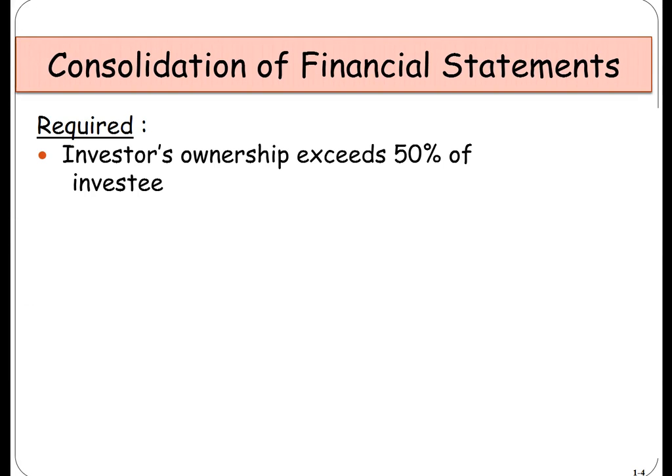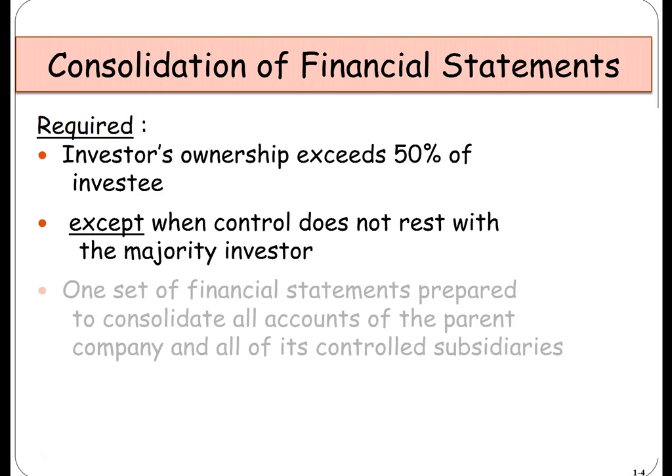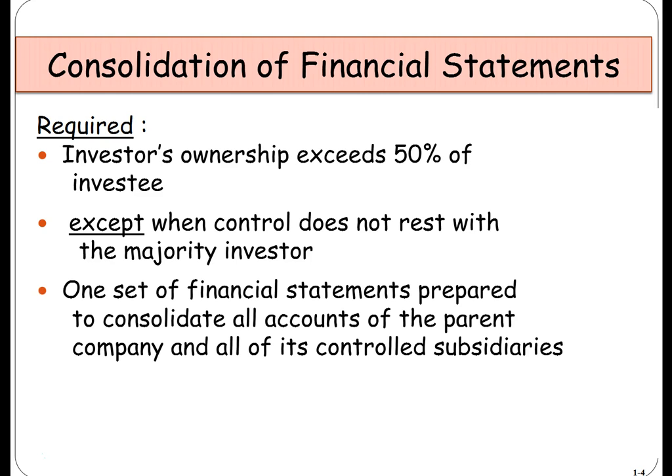Required: ownership has to exceed 50%, except when control does not rest with the majority investor. One set of financial statements is prepared to consolidate all accounts of the parent company and all its controlled subsidiaries.